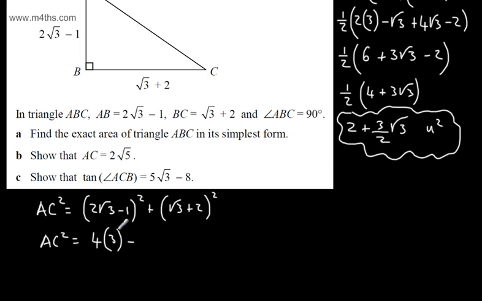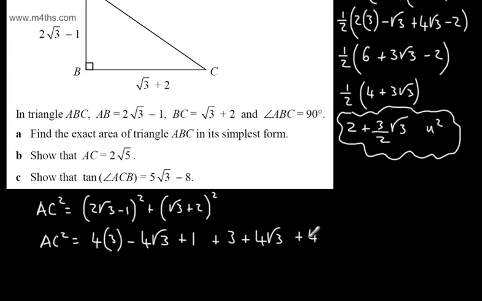Then we're going to have now minus 2 root 3 minus another 2 root 3, which is minus 4 root 3. Then we're going to have on here plus 1. Then expanding this bracket, we're going to have root 3 times by root 3, which is 3, plus 2 root 3, plus another 2 root 3, which is going to give me plus 4 root 3. And then finally, we're going to end up with plus 4.